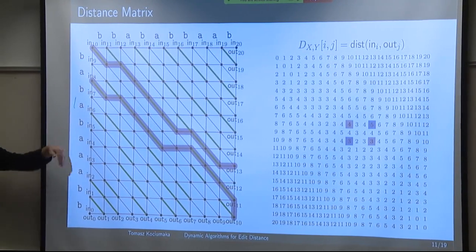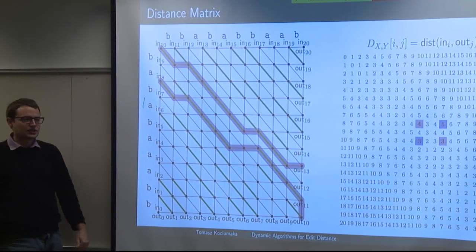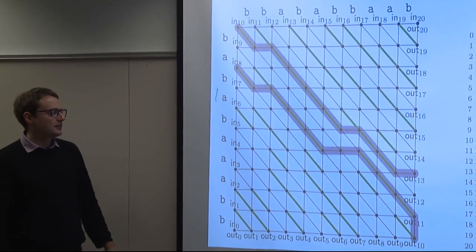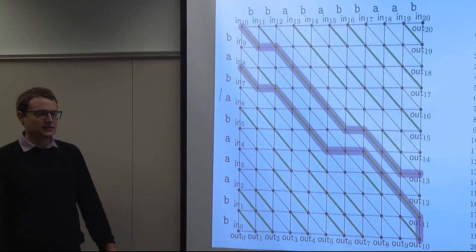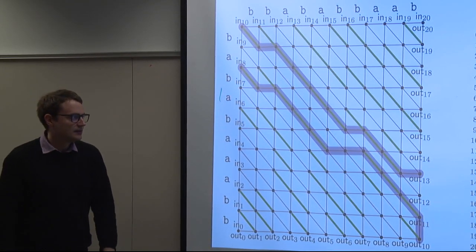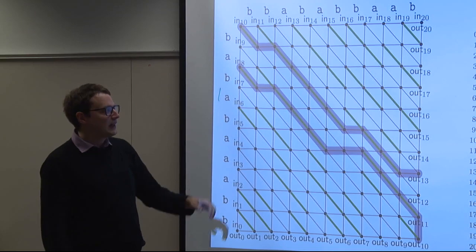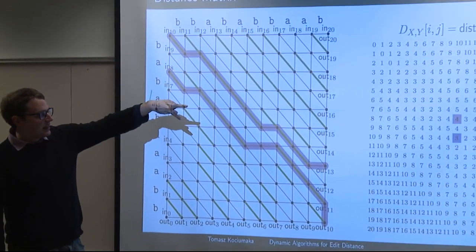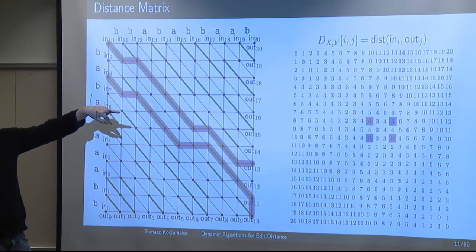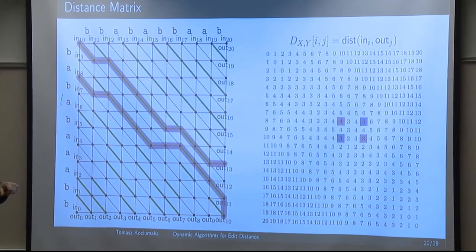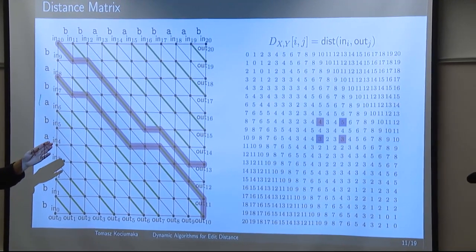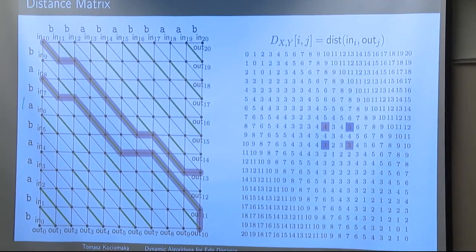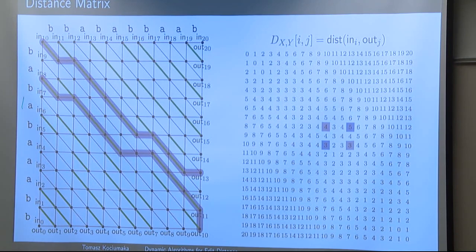It's possible to shortcut them and then get cheaper paths. So in this case, these 2 are now not the shortest paths, but these 2 are the shortest paths. And in terms of the values in the matrix, this means that those 2 blue entries, when you sum them up, are always more expensive than those 2 violet entries. So here we have 3 plus 5. It's strictly more than 4 plus 3. And matrices satisfying this property are known as Monge matrices.